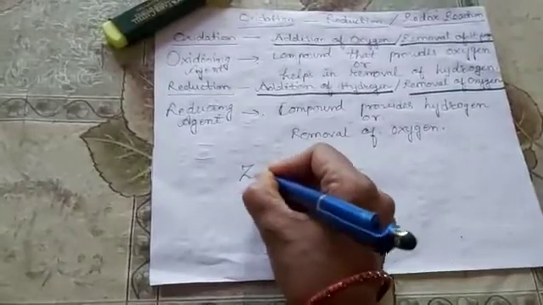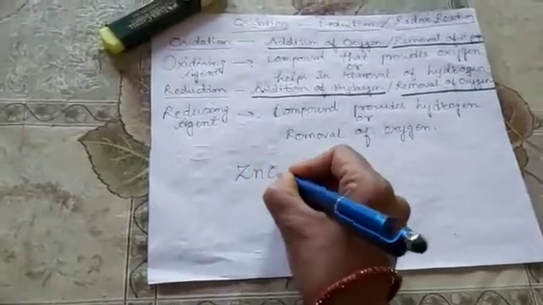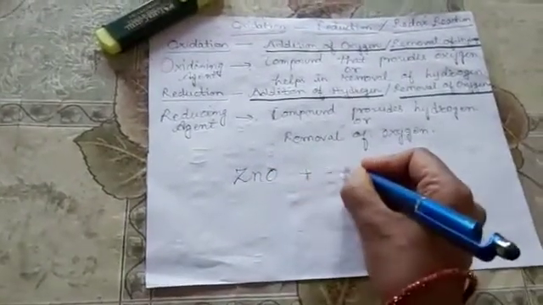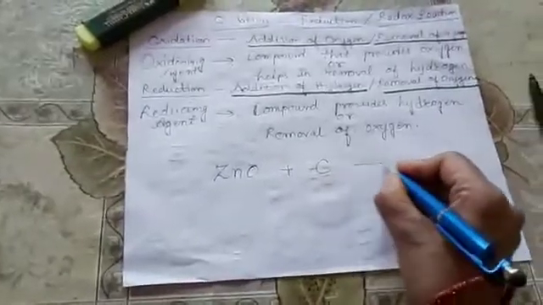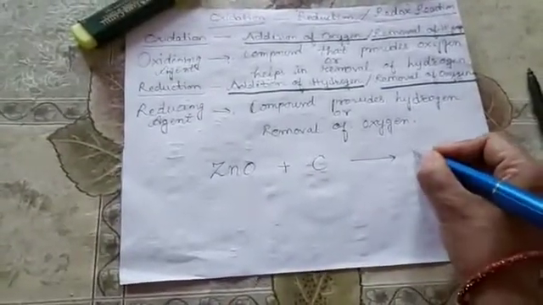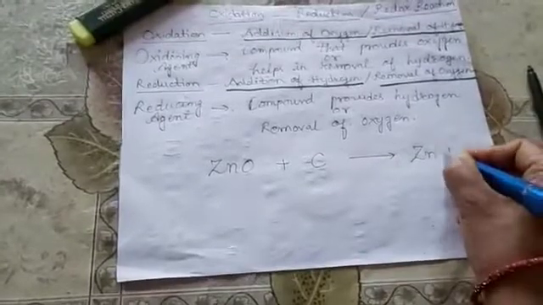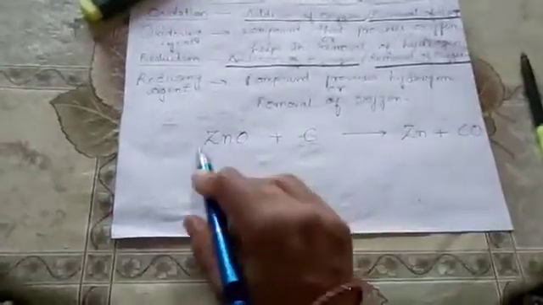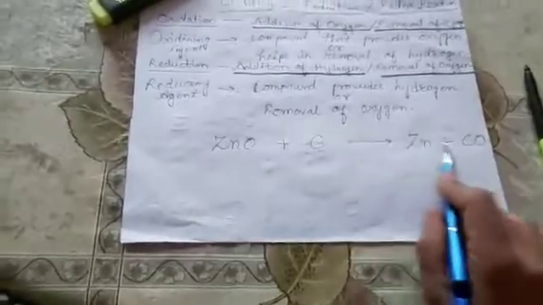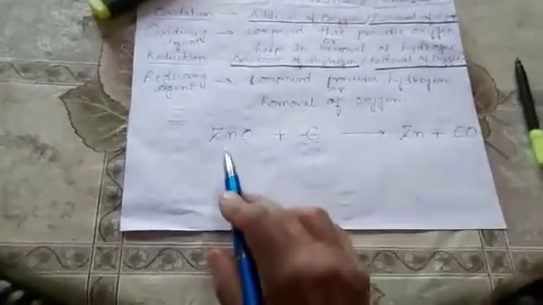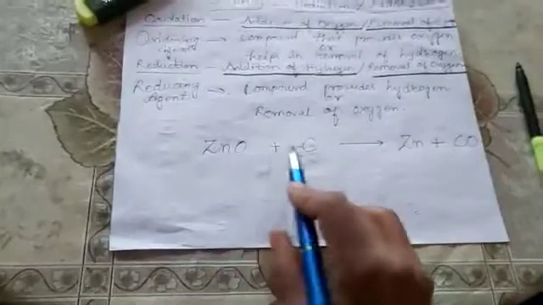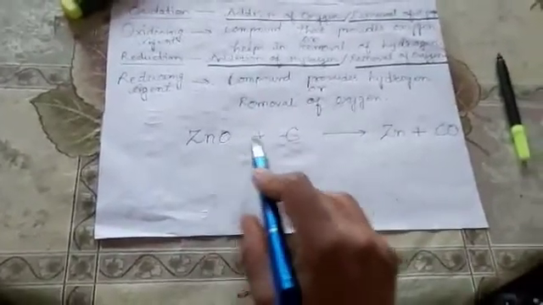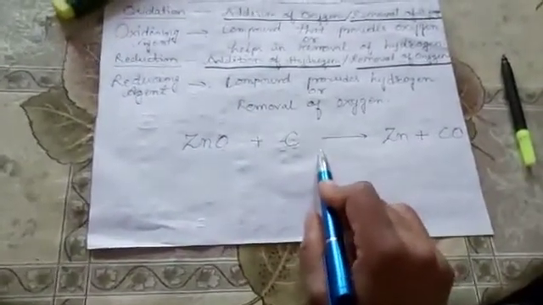The example I'm using here is zinc oxide. When it combines with carbon, it produces zinc plus carbon monoxide. We know that this is a redox reaction, so we have to confirm where the oxidation and reduction processes are going on.